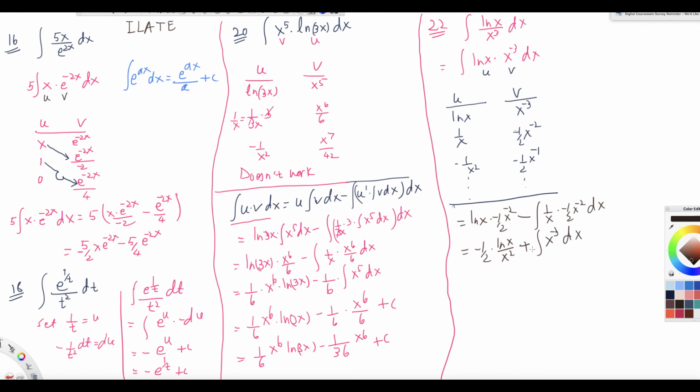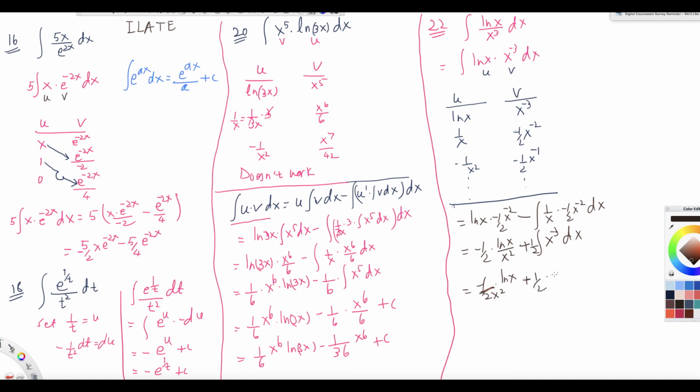Does that make sense? And then the 1 half, I'm pulling to the front. Now again use that integral formula. That will be negative 1 over 2x squared times natural log of x, and then plus 1 half times the integral of x to the negative 3.